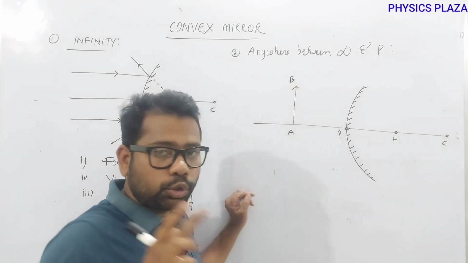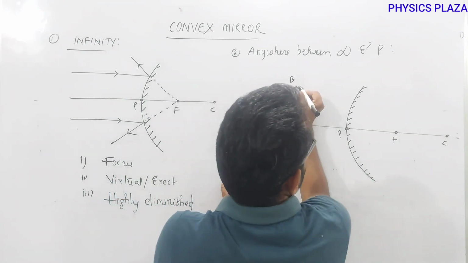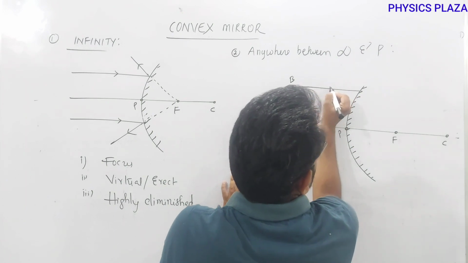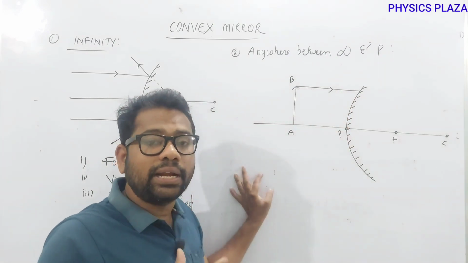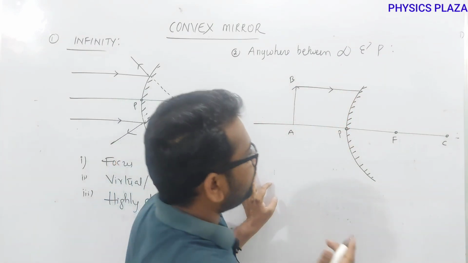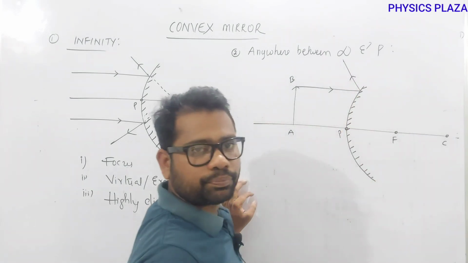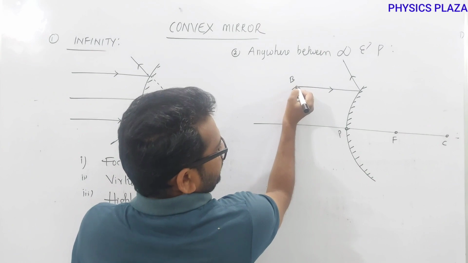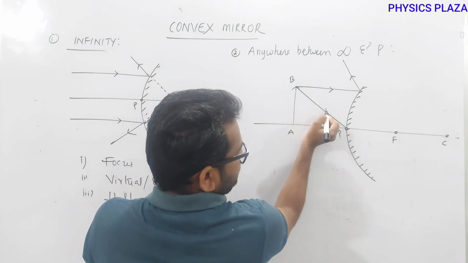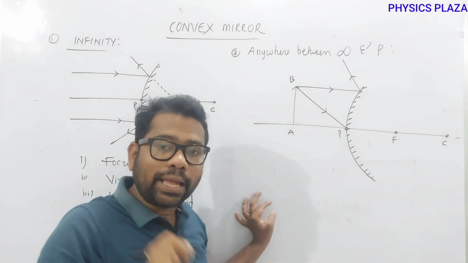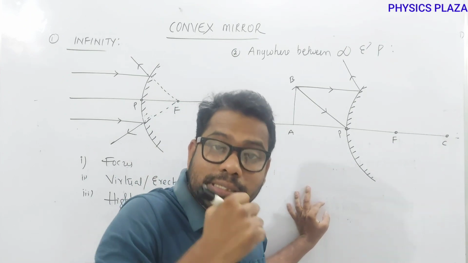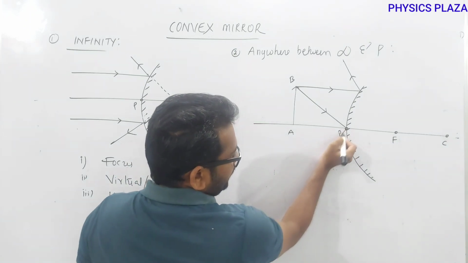Now let us consider the two convenient rays. The one which is coming parallel to the principal axis, after reflection, gets diverged. Now the second light ray is the one incident at the pole with a certain angle, and after reflection it gets reflected with the same angle.